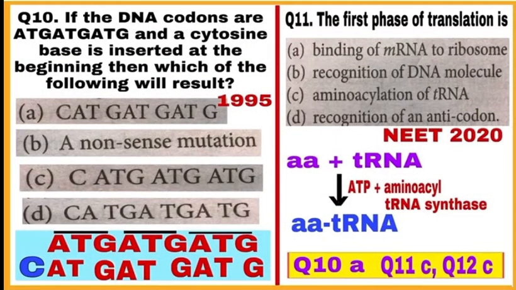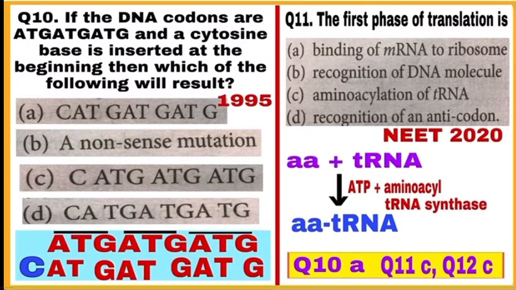Question number 10. If the DNA codons are ATG, ATG, ATG and a cytosine base is inserted at the beginning, then which of the following will result? As insertion or deletion of one or two bases changes the reading frame from the point of insertion or deletion, here cytosine is added in the beginning.